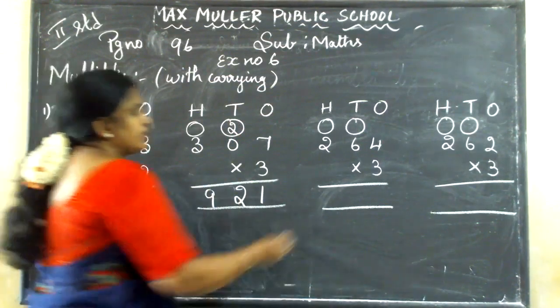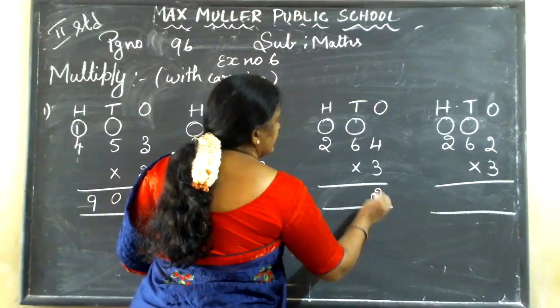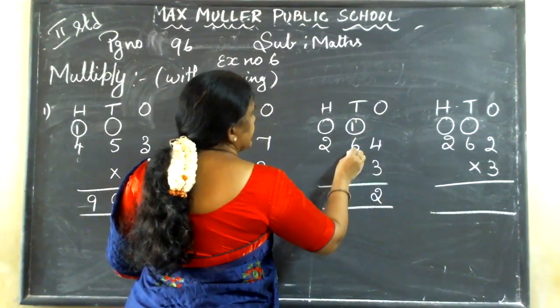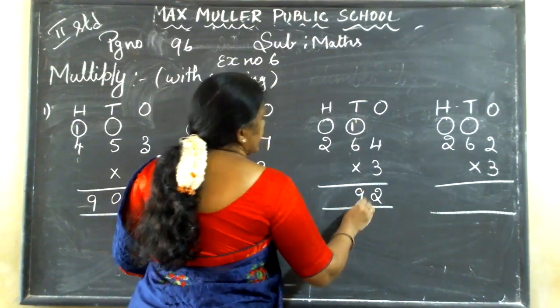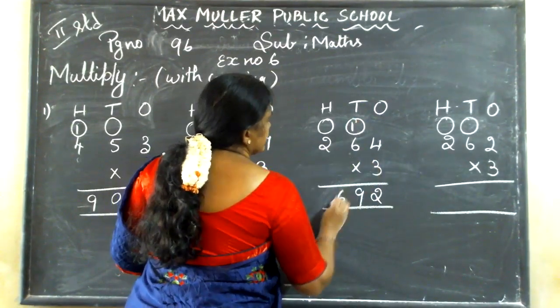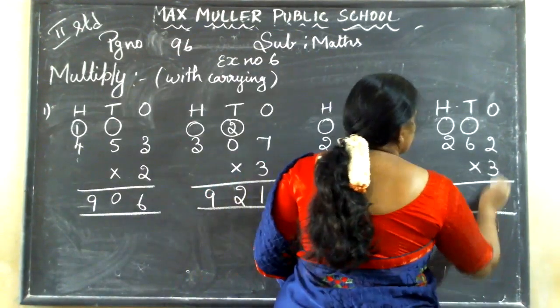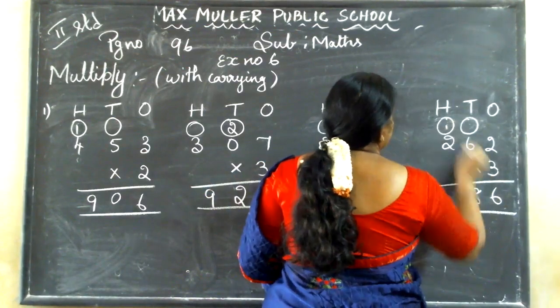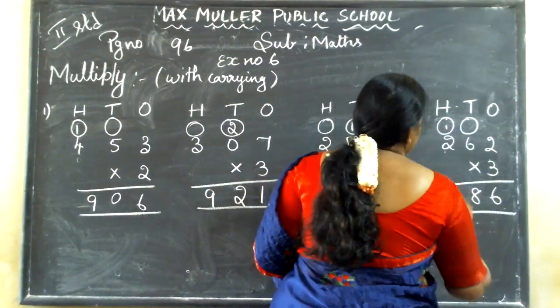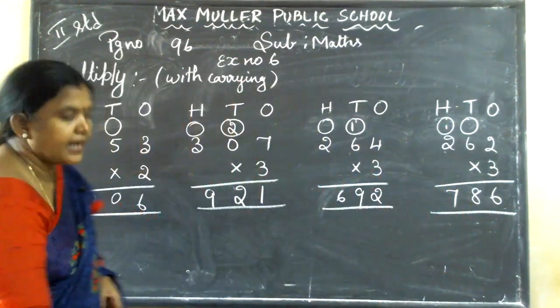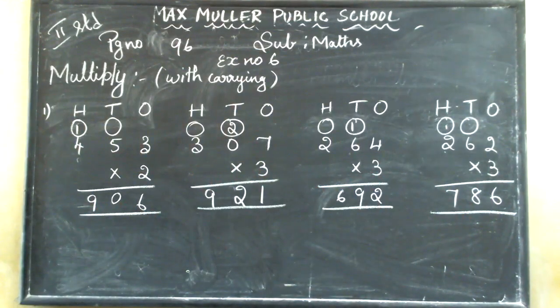Now next, 3 4s are 12, 1 carry. 3 6s are 18, 18 plus 1, 19. 3 2s are 6. 692. 3 2s are 6, 3 6s are 18, 1 carry. 3 2s are 6, 6 plus 1, 7. 786. Now fourth line.